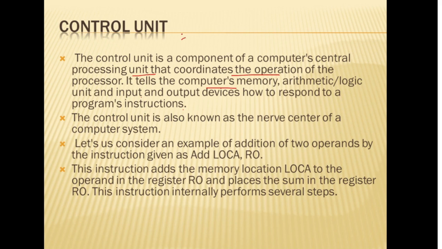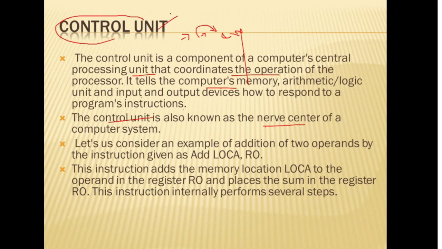For example, if the user gives some instruction to the computer, the instruction goes to the control unit, and the control unit directs whatever operation is performed by the other units. So it is considered the overall controller of the processor. The control unit is also known as the nerve center of the computer system.